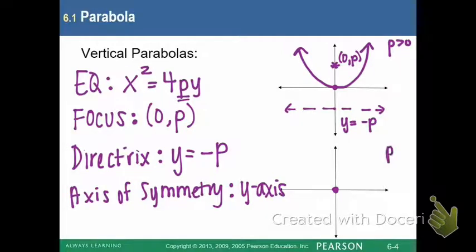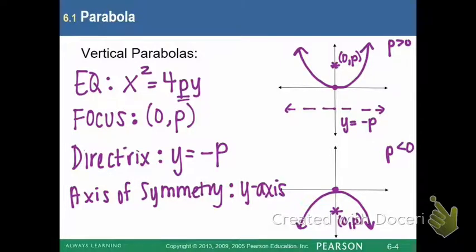So if p is less than 0, p is negative, that tells you that the parabola is going to open down. So it's going to look something like that. Now this time the focus will be down here. The focus is always inside the parabola, okay? But this is still going to be at 0p because remember p is negative at this point, so you would go down.